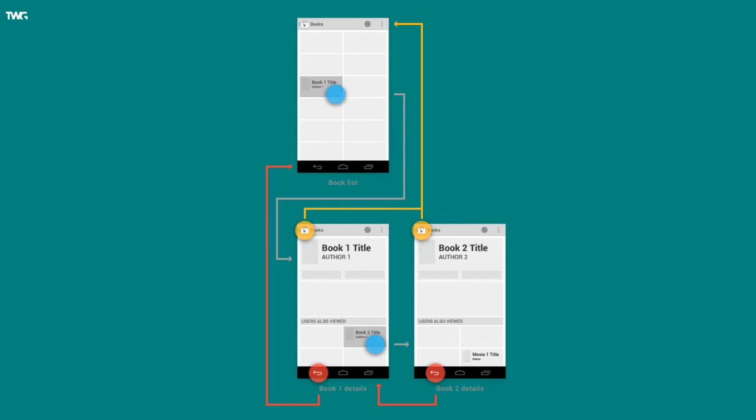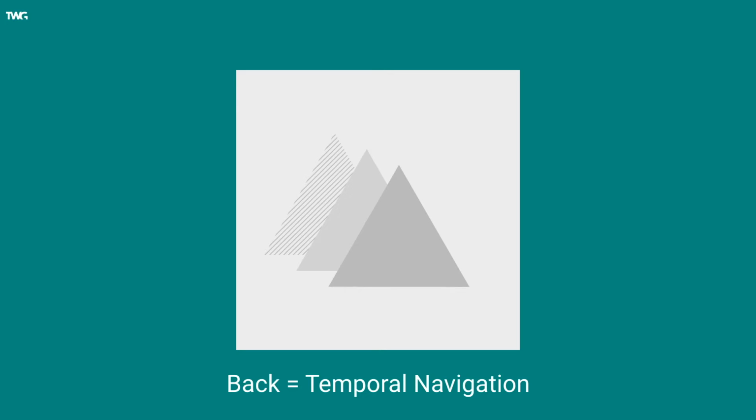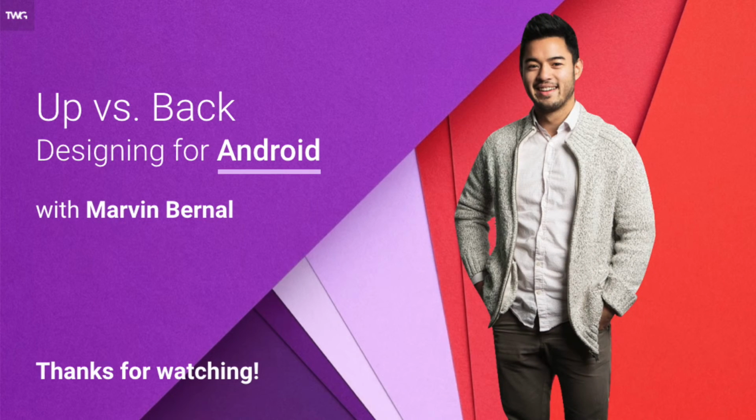So they are going to navigate to the same page when you press the up button. The back button, however, takes you to a previous screen that you were just on. It can take you to a previous screen of the current app, or it might be a completely different app, depending on just how you got to the current screen. So understanding these slight differences is fundamental when coming from other platforms, and is especially important when designing for Android.